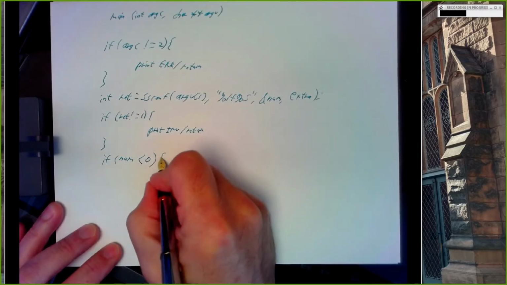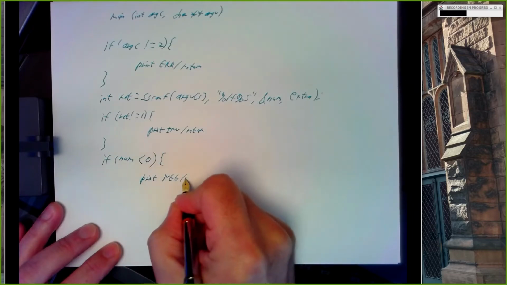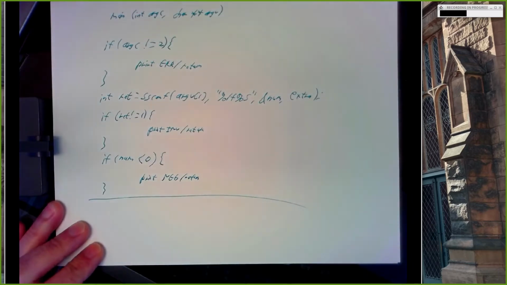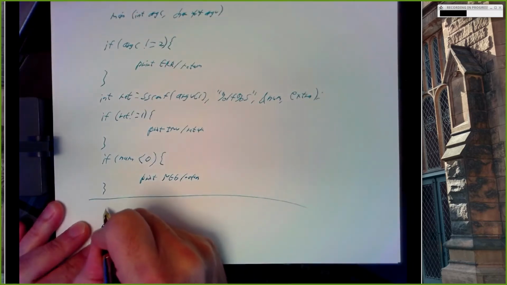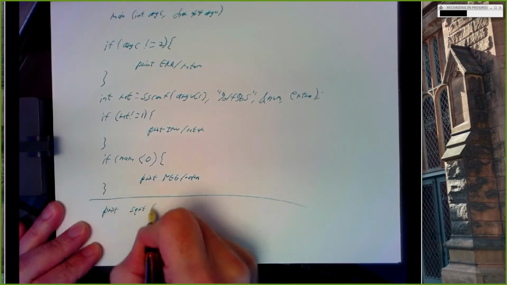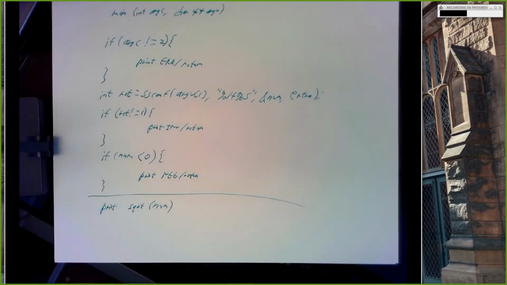So if num is less than 0, we'll print negative and return. And only then, if we get through all 3 of these cases, do we print the square root of the number with a %lf. Yeah, that's a good line to throw at an employer, definitely.